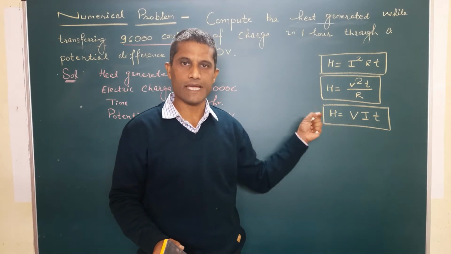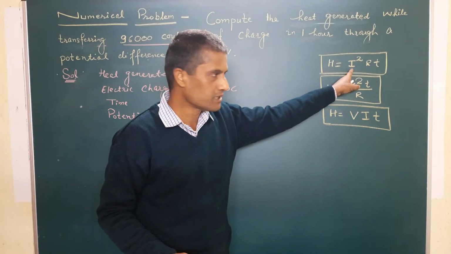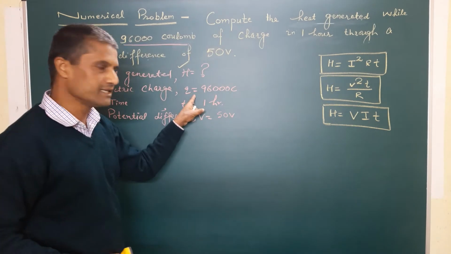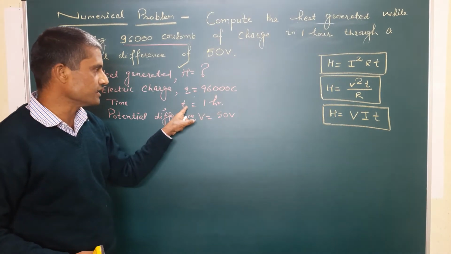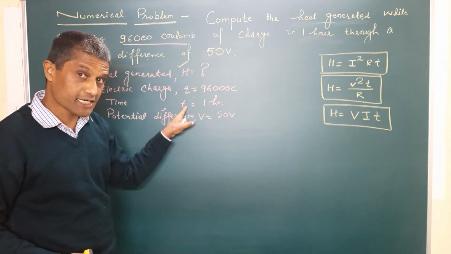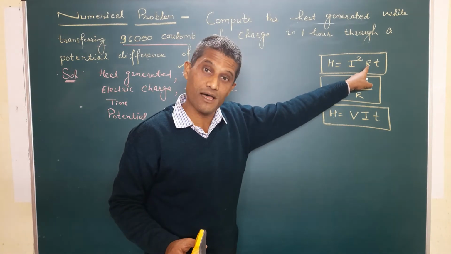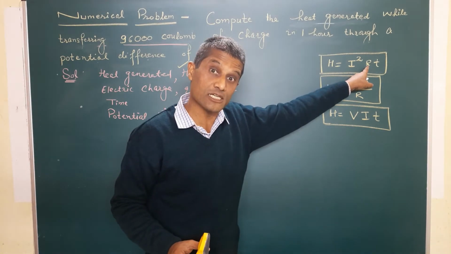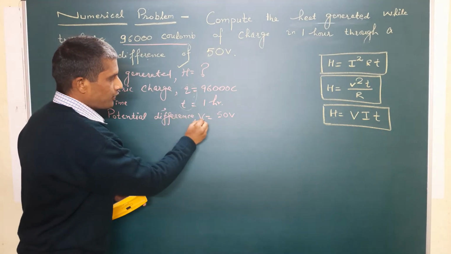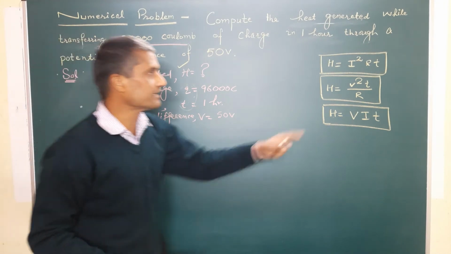For I square RT, you need I and R. We can calculate I because Q upon T gives electric current I. Once you have I, you can get R by using Ohm's law, V is equal to IR.